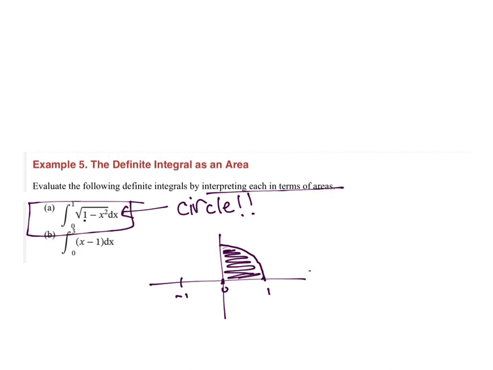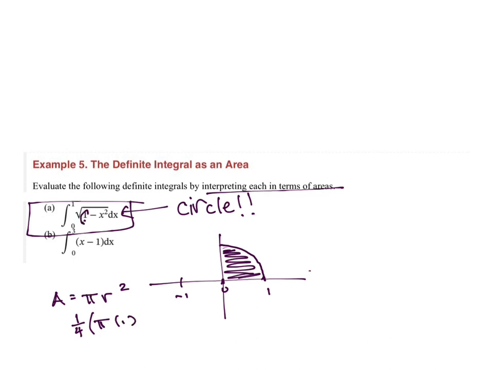What is the area of a circle? Now here's where things get really hard. Area of a circle, pi r squared. We want the area of the quarter circle, so we'll have 1/4 of pi, and what's r? 1. How do you know it's 1?